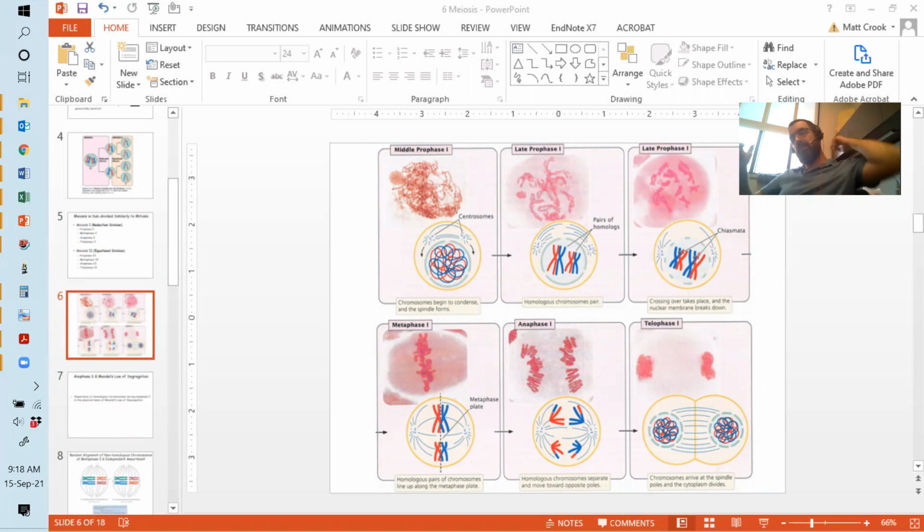Again, it's hard to present this visually because it's a continual process. So they're aligning, they're condensing, and the third thing that's happening is that crossing over forms chiasmata.